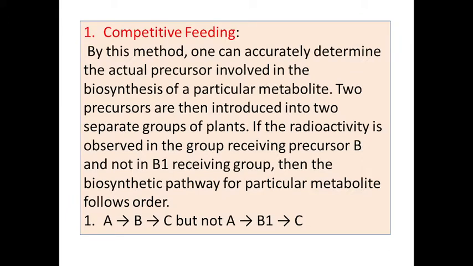Competitive feeding means when the label compound, that is an isotope, is incorporated in any part of the plant, and two receiving precursors are there, then according to that we will find out whether that plant will follow its normal route of synthesis, or it will follow any subsidiary route of synthesis as a result of the addition or administration of that label compound.